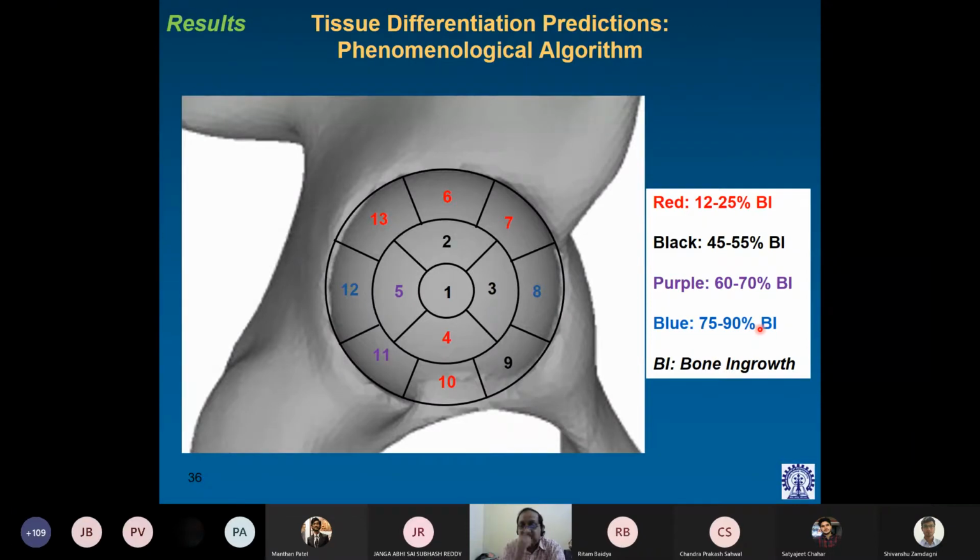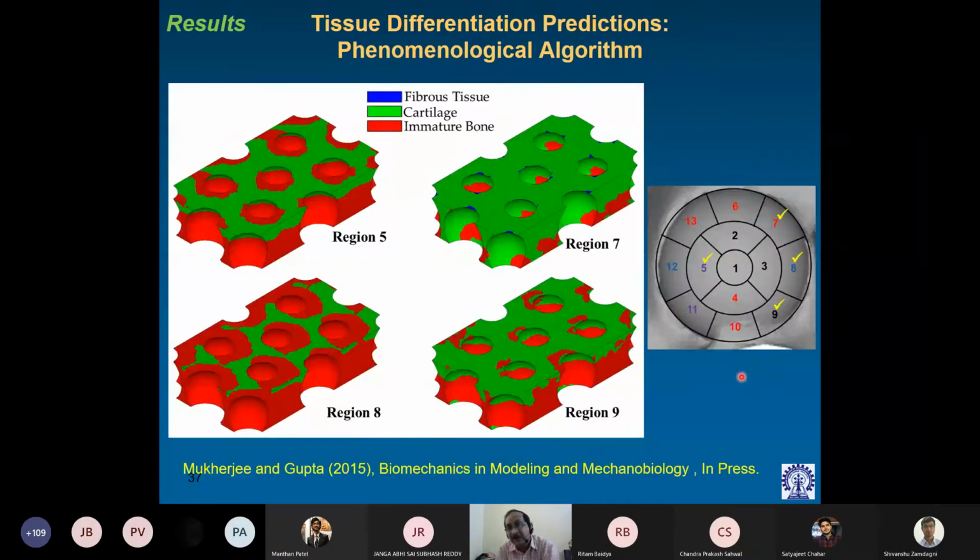Now we take one from each color band. We pick up 5, 7, 8, and 9, and we try to get an insight into the distribution of the newly formed tissue layer. You can see very clearly that the granulation tissue layer has transformed into, the red is immature bone, the green is the cartilage, and blue.